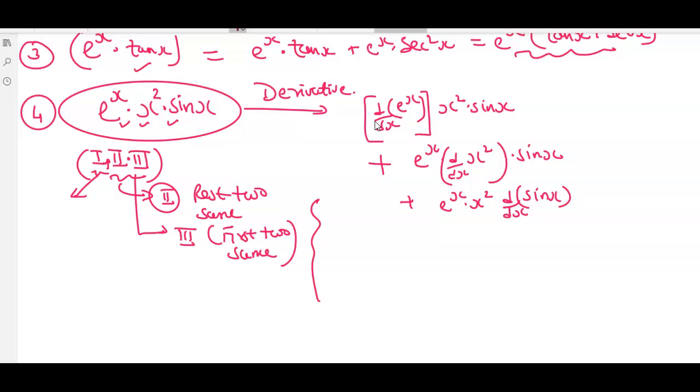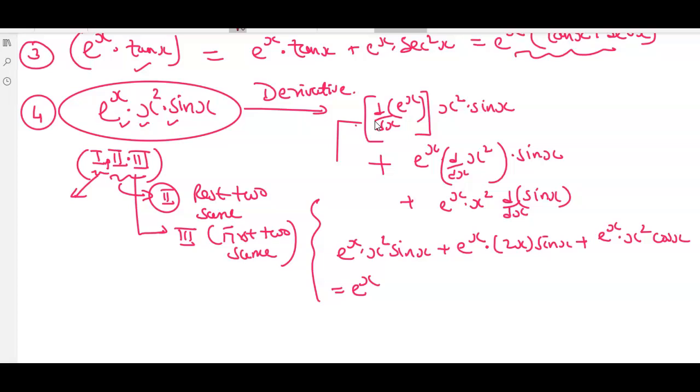So starting off from here only, derivative of e to the power x is e to the power x, x square into sin x, then it is e to the power x into 2x into sin x, because derivative of x^n is n into x to the power n minus 1. Then e to the power x, x square. Now derivative of sin x is nothing but cos x. Now I can take e to the power x common.